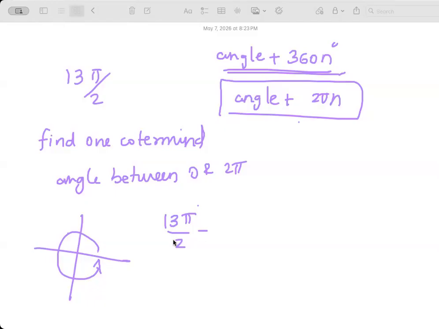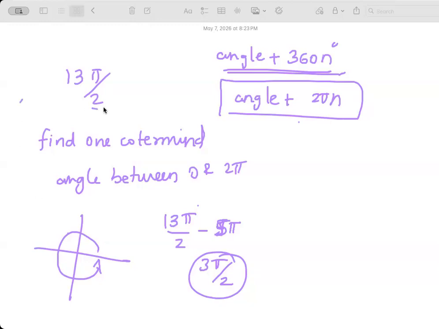Here it is almost like how many pi's are there? 4 pi's. So let's see. I'm going to subtract 4 pi. No, I can subtract 5 pi's. So let me see. If I subtract 5 pi's, it's a 10 pi. So 3 pi by 2. Basically, you keep on subtracting 5 pi's.